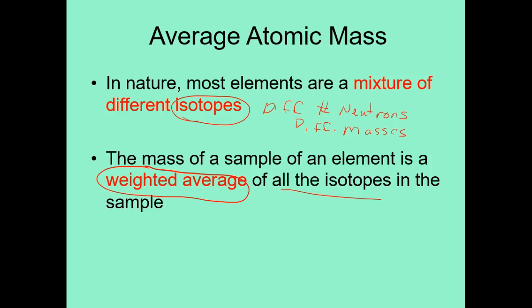So what is a weighted average? Well, your grades in class are a weighted average. You have 30% for your labs, 30% for daily work, and 40% for your tests.